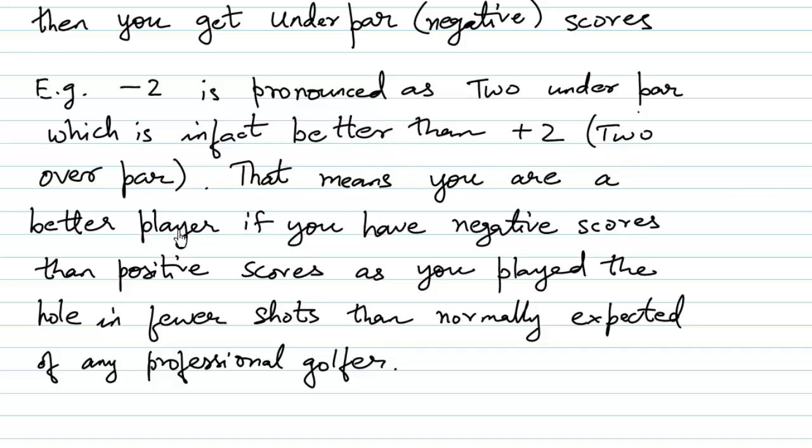That means you are a better player if you have a negative score than a positive score, as you have played the hole in fewer shots than normally expected of any professional golfer. So if you have a score of -2 or 2 under par, then you're actually using a negative number and you are a better player than a player having a positive score.